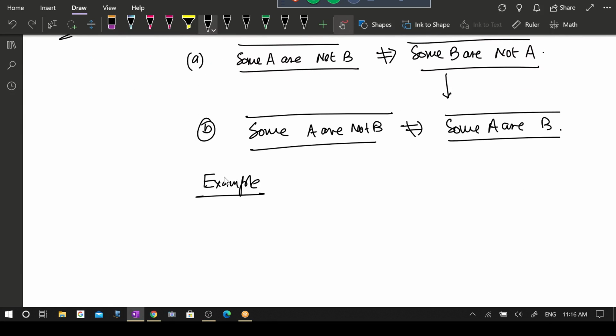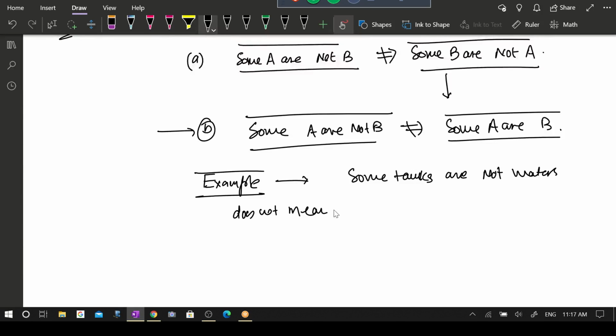Kindly write point number B. Though I think it obviously makes sense, we will still talk about it. I say some tanks are not water.